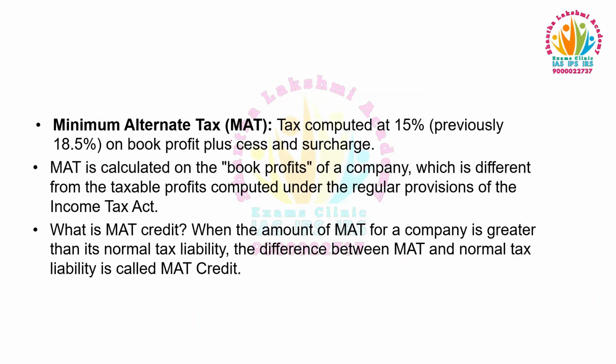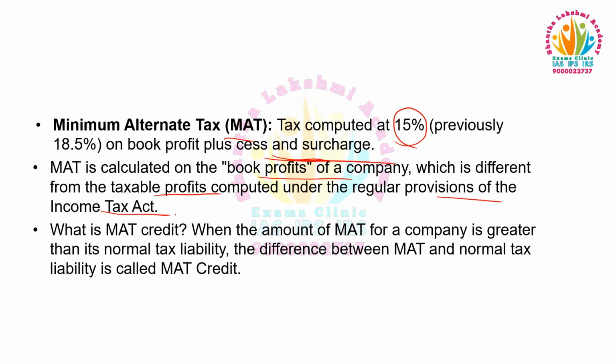And minimum alternate tax computed at 15%, previously 18.5%, on book profit plus cess and surcharge. MAT is calculated on the book profits of a company, which is different from the taxable profits computed under the regular provisions of the Income Tax Act.